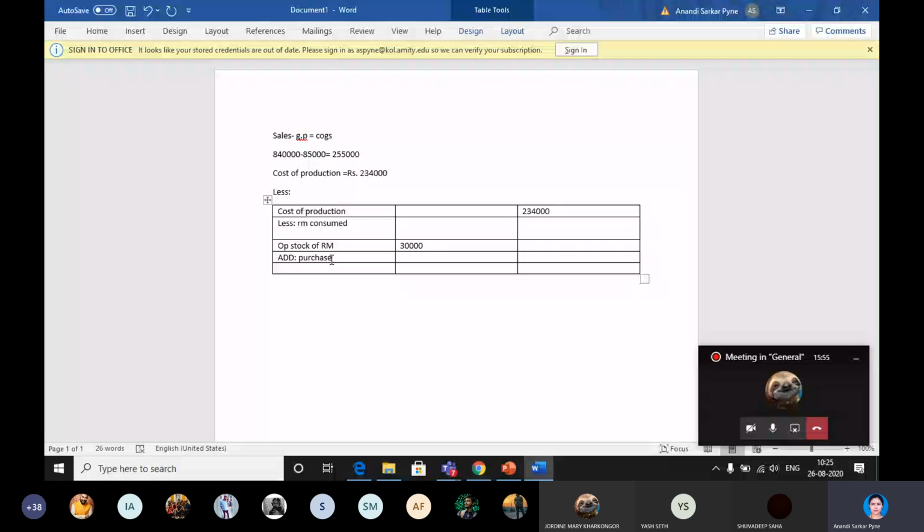Now we need to deduct the closing stock, which is 62,000. So finally, you are deducting 83,000, isn't it? If you are deducting 83,000 from cost of production, you will get 1,51,000.